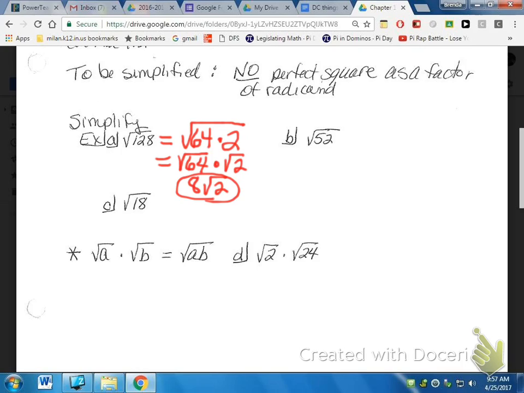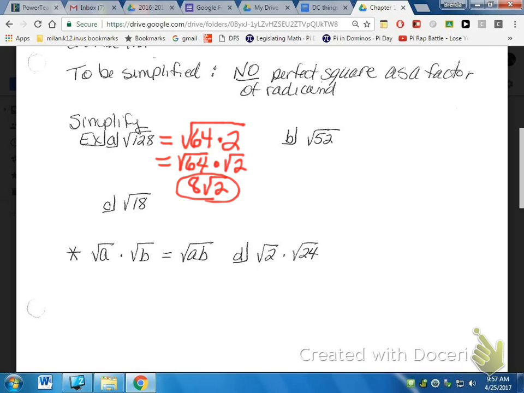Would it be any different if you would have used some different perfect square than 64 to equal 128? No, because you would keep going until you got to this one. You're never done until the number inside the radical is as low as it can go. How would it have looked if you used the perfect square of 121?